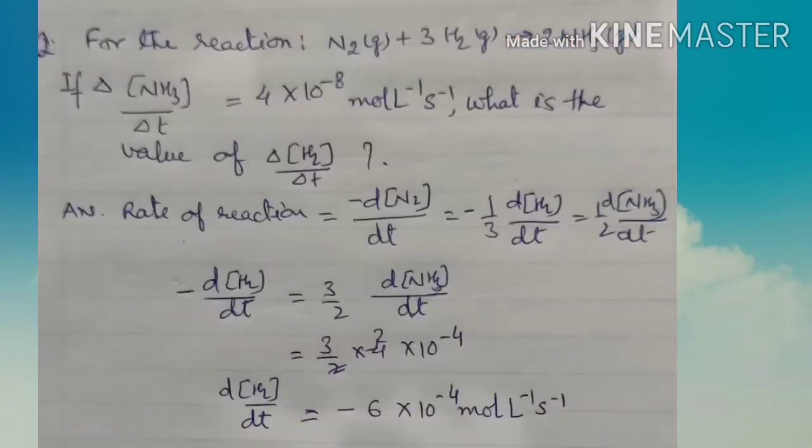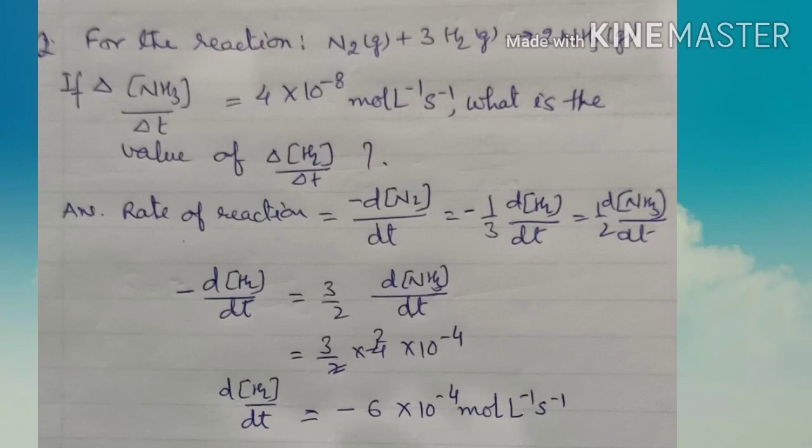Now for the next example, the reaction of nitrogen and hydrogen to form ammonia. If the rate of formation of ammonia is 4 × 10^-8 mol per liter per second, what is the rate of delta H2/delta t, that is the disappearance of hydrogen? Now rate of reaction is equal to -dN2/dt is equal to -1/3 dH2/dt is equal to 1/2 d(NH3)/dt.